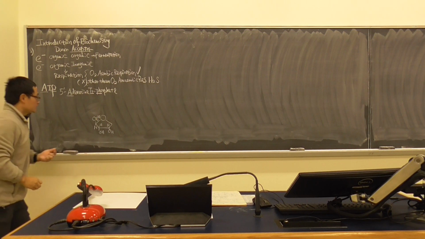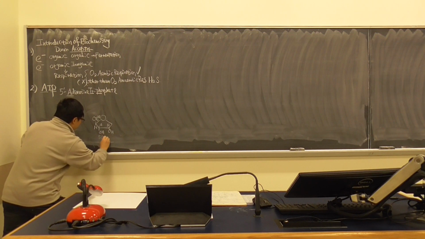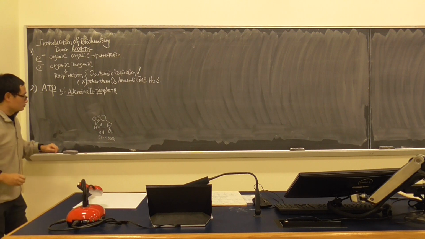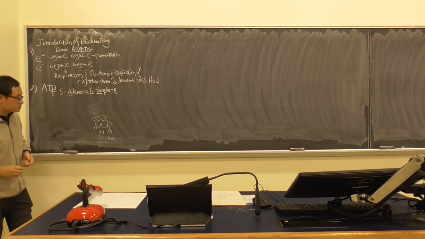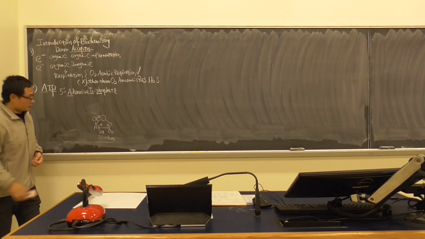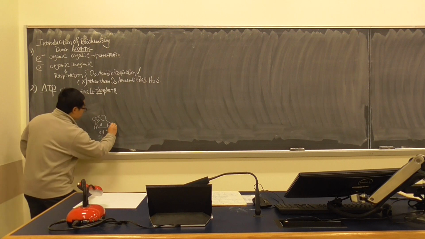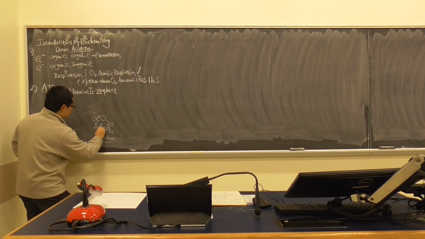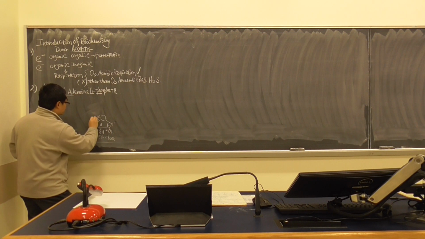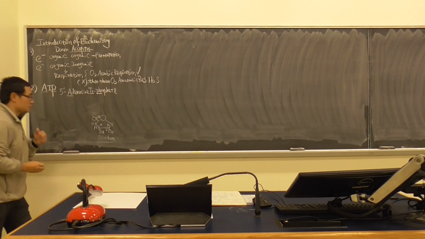That's a 5-carbon ribose. And you know that we call it DNA deoxyribose when this OH is gone, at the 2 prime. So we number 1 prime, 2 prime, 3 prime, 4 prime, and 5 prime. And that's the ribose.